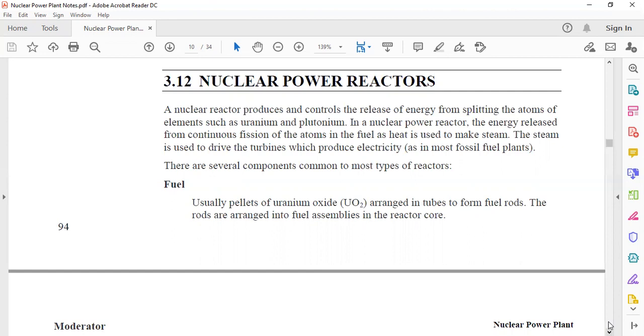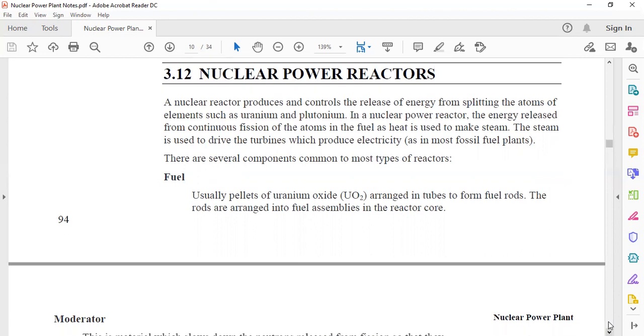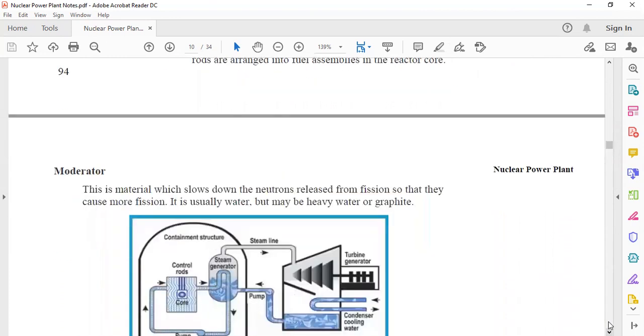As far as fuel is concerned, usually pellets of uranium oxide, UO2, are arranged in tubes to form fuel rods. The rods are arranged into fuel assemblies in the reactor core. So pellets of uranium oxide are used as fuel in nuclear power reactors.